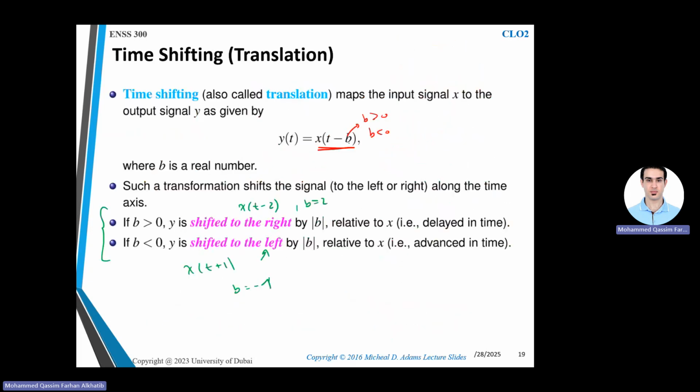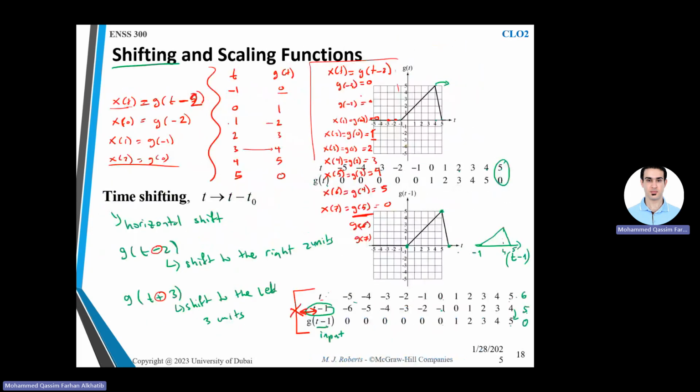For example, going back to this example here, if I'm doing x of t equal g of 2t, it means that I will have to shrink this function by 2. So I'll draw it. At -1 becomes -half. Here's my value. At -half, I'll get 0. 0 remains 0. 1 will become half. 1, 1.5, 2, 2.5.